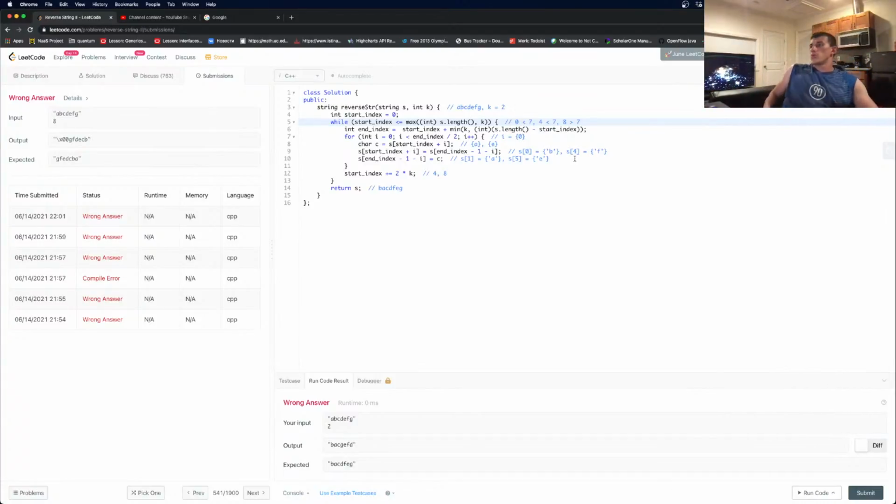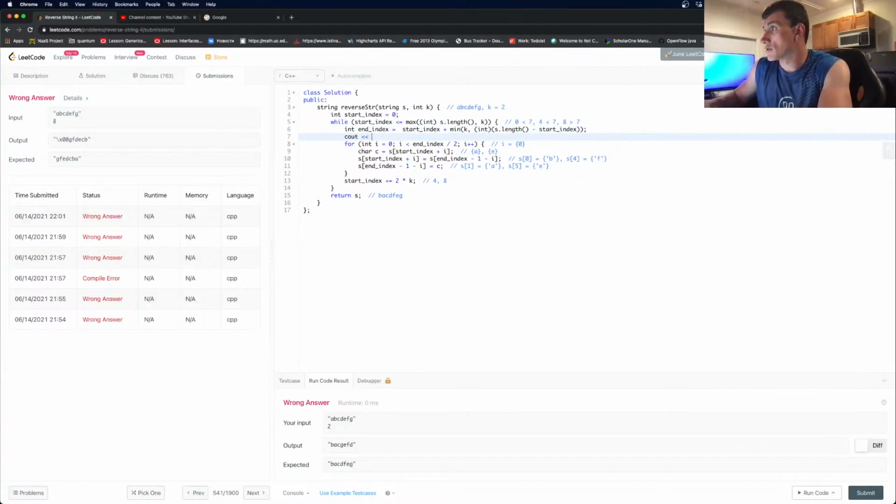So yeah, I don't understand why this length is 7, right? 7 minus 4 is 3, so we still go with 2. Right, let's debug here, because I already don't understand what's going on.